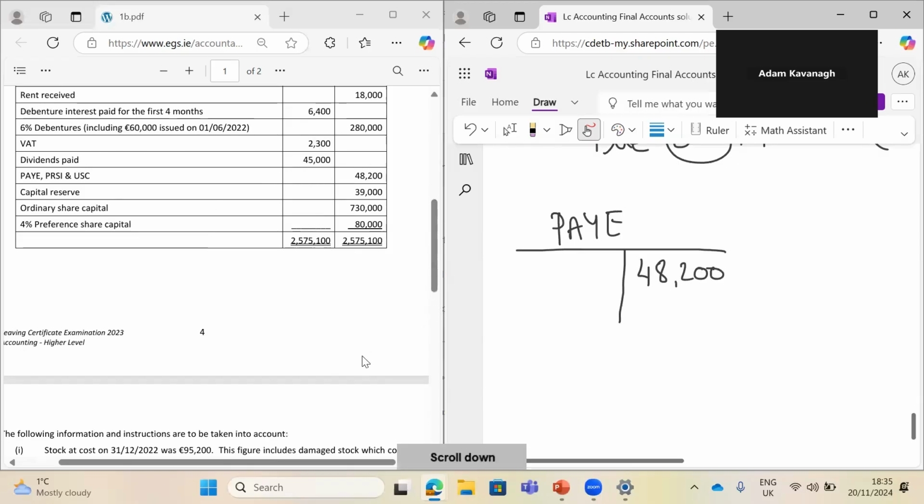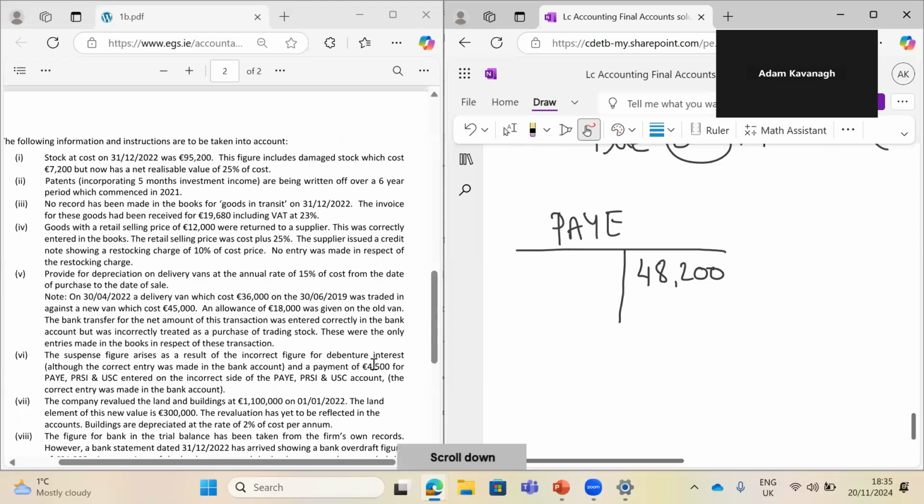Let's see what we did wrong here for this one. It was entered on the incorrect side of the account, and it was a payment. If we make a payment, it should reduce our PAYE. To reduce our PAYE, we should enter it on this side. Instead, we entered it on the credit side, here. So we need to remove that 4,500.